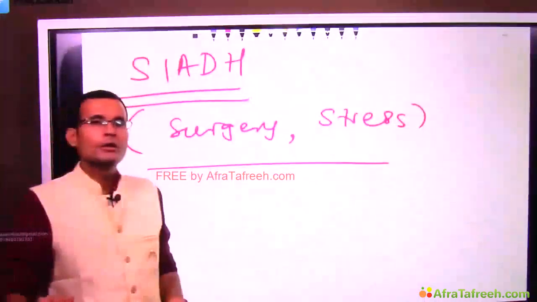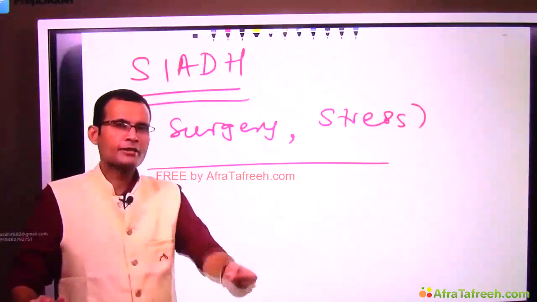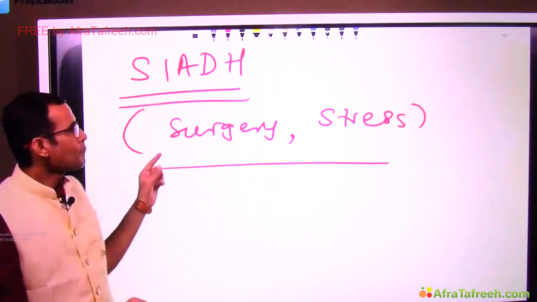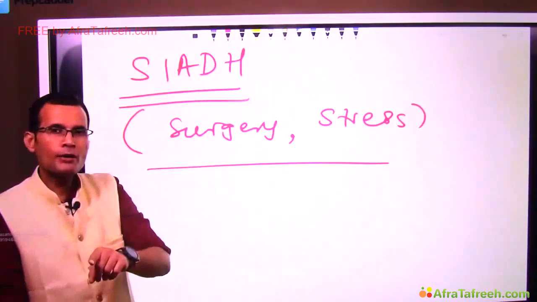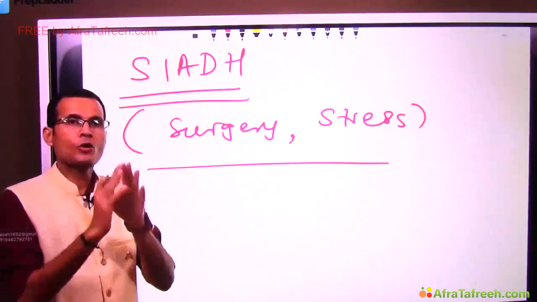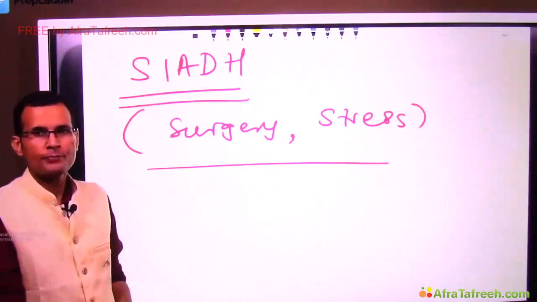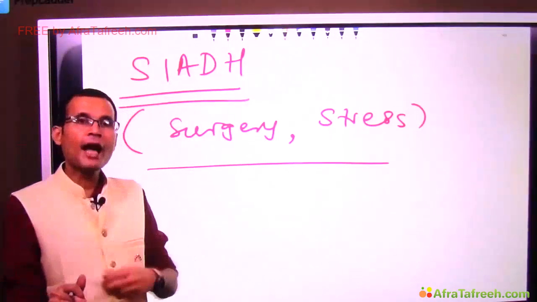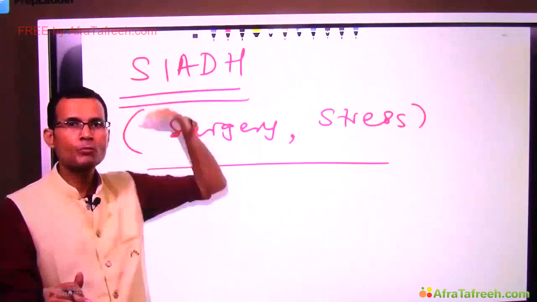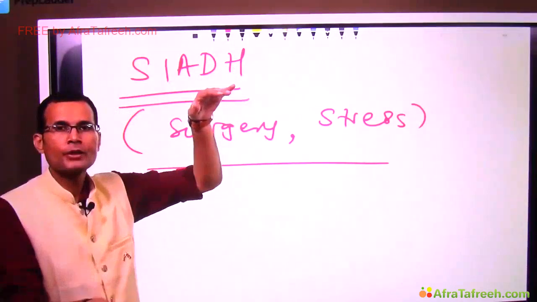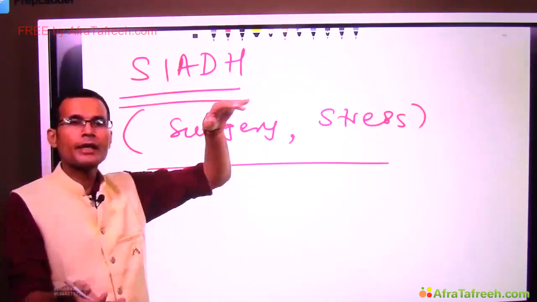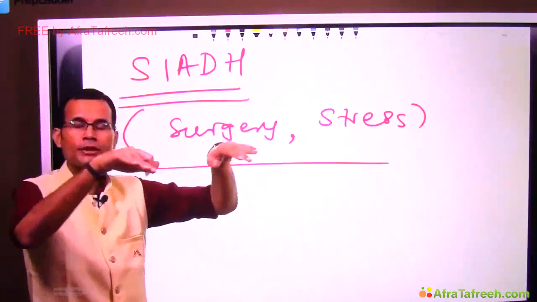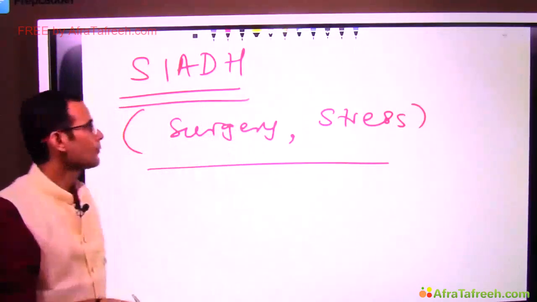But let me extend this a little further. ADH is the one who regulates osmolarity of the ECF, right? Suppose ECF is hypertonic, more sodium, less water. So ADH will come, ADH will retain water, and plasma tonicity will be normalized, right?